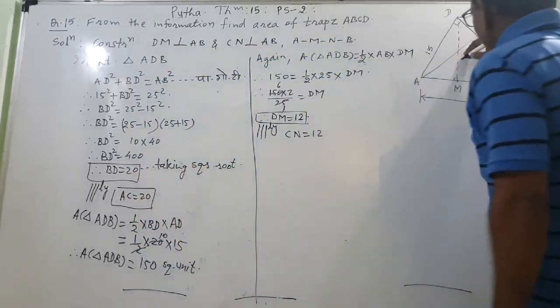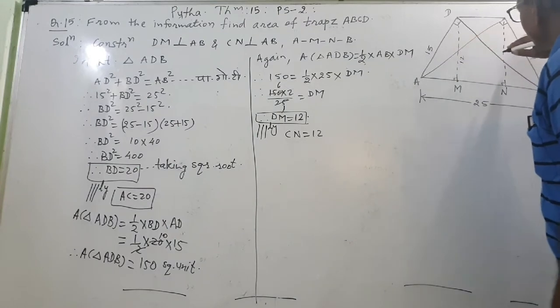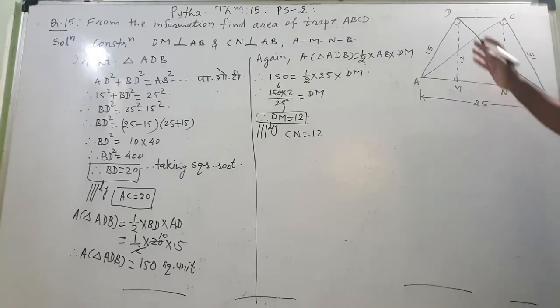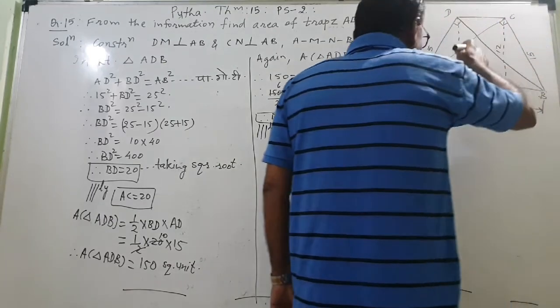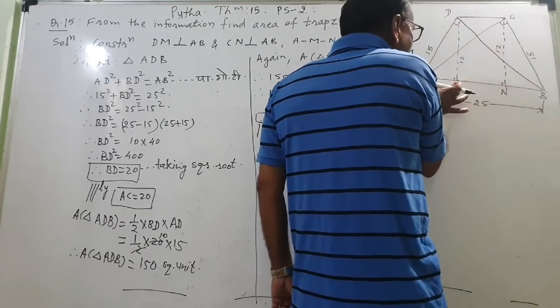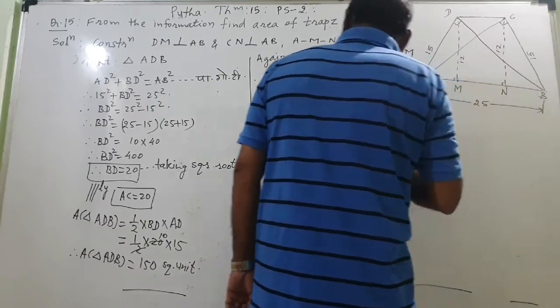This is 12. This is also 12. Got it? DM 12. CN 12. Now in this triangle, this much is 12, this is 15. How much is this? That we have to find.